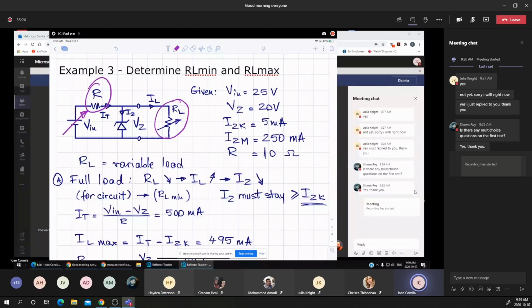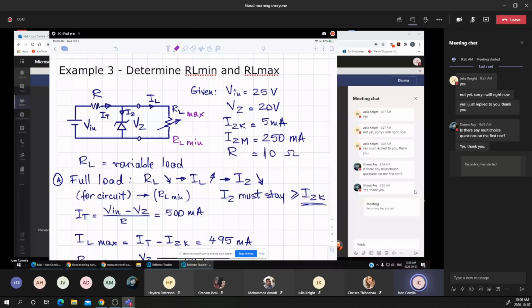The first two examples were for a variable input and a resistance R, and now the last example is in terms of a variable resistance. Means that we are looking for the RL max, and on the other side the RL min.